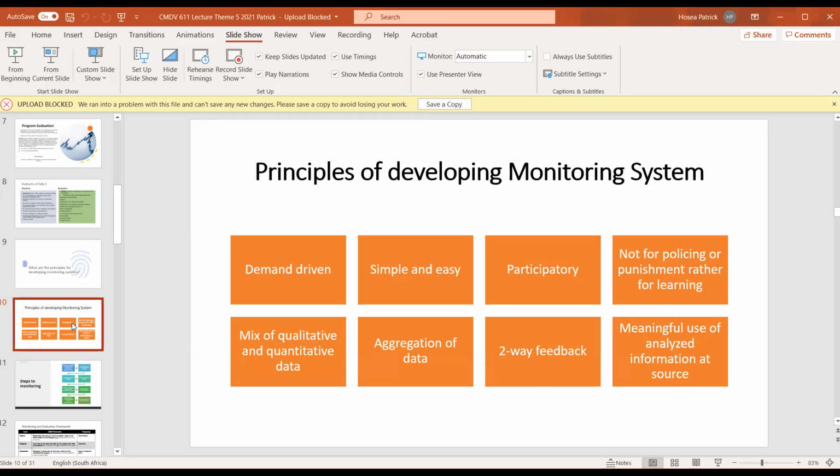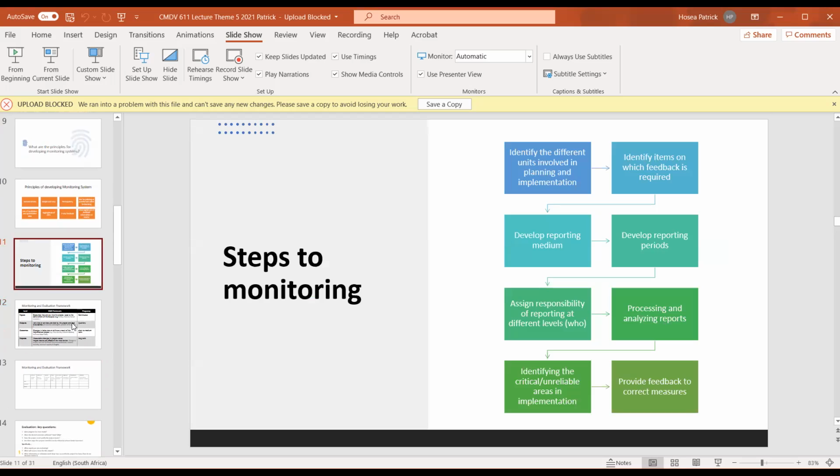It must be demand driven. So like we said, you identify the units and then you identify the items to which feedback is required. In most cases, it's not going to be the entirety of the project that feedback is required, right? So you identify where feedback is required.